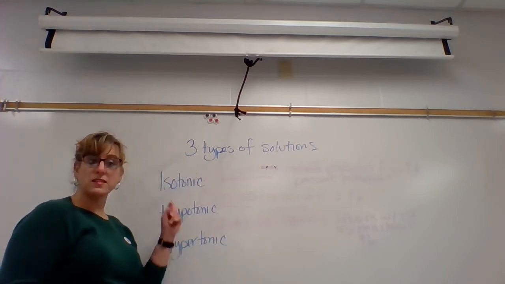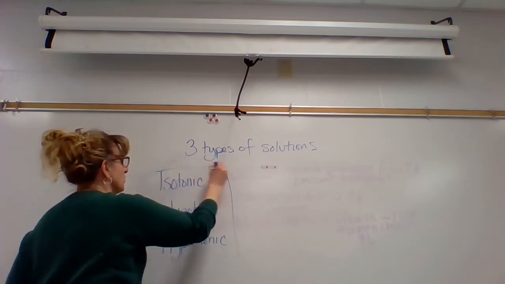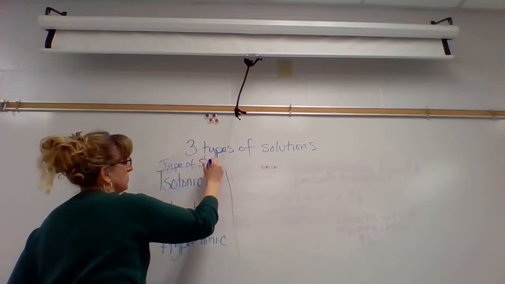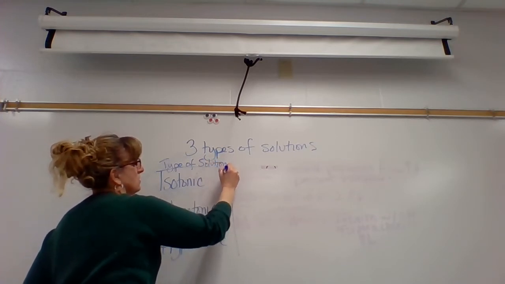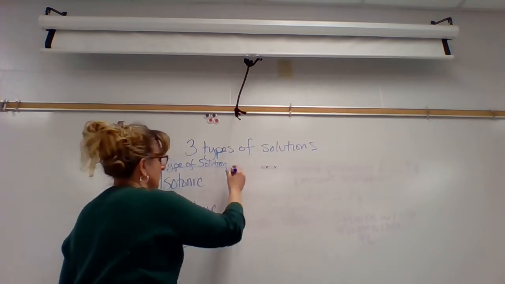Isotonic, hypotonic, and hypertonic types of solution. You have a little picture of this in the notes that I gave you personally with my handwriting. It's one of my favorite charts to make.